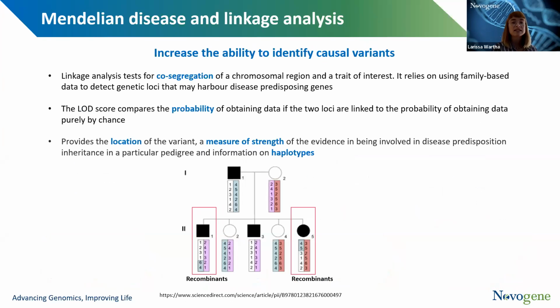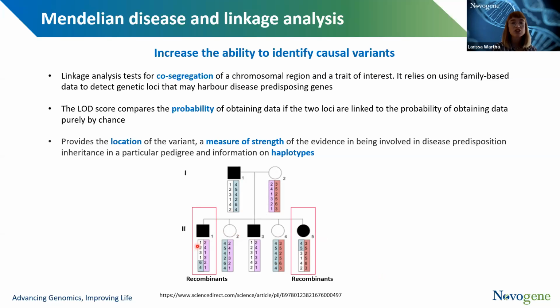Linkage analysis is another bioinformatic approach to increase the ability to identify causal variants. It is the co-segregation of a chromosomal region and a trait of interest, and relies on using family-based data to detect genetic loci that may harbor disease-predisposing genes.